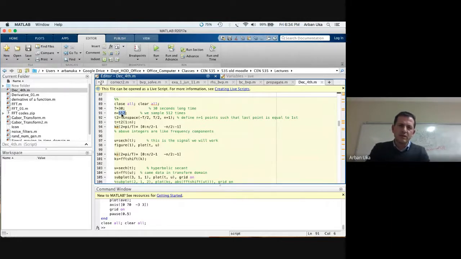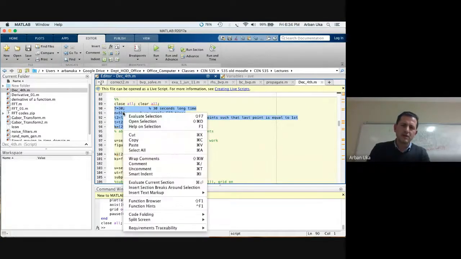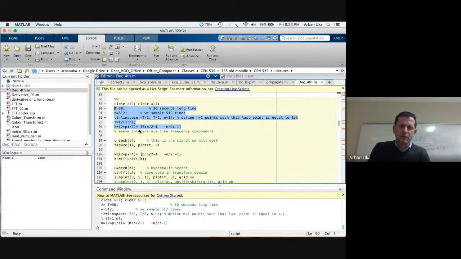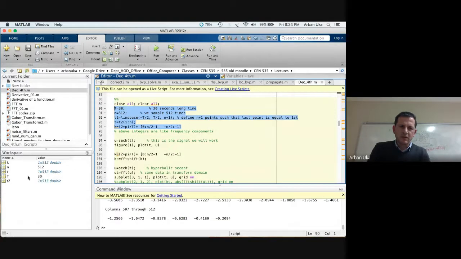Now, if this will be the number of data points in the time axis, we have to do something similar also for the k-axis. Now, this k-axis is in the complex domain, or we can call this one the frequency domain or Fourier domain. And so by now, we have generated the value of k, so the x values for the k space, and the value for t.